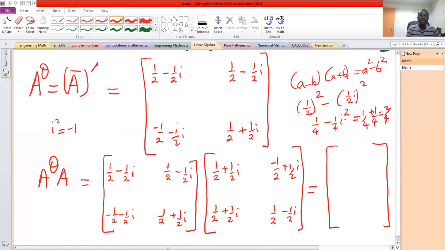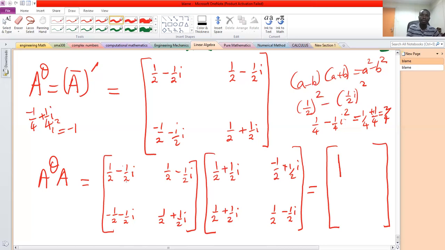And then this one here and this one is also a difference of two squares, so it's also a half. A half plus a half gives us 1. Now, this times this one here. A half times negative a half is -1 over 4. A half times 1 over 2i is plus 1 over 4i.